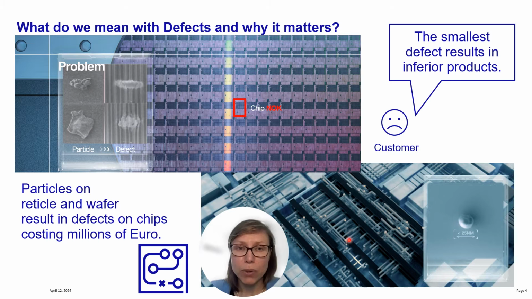If the particle falls onto it, it breaks the electron flux and the chip is defect. That is why our customer says the smallest defect results in inferior products and it costs millions of euros.